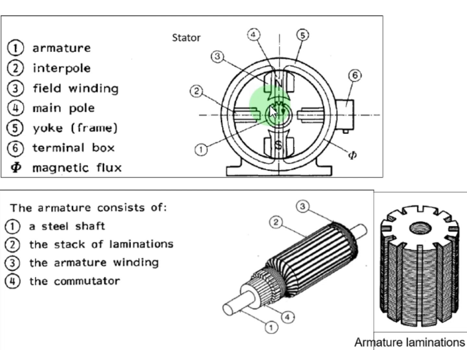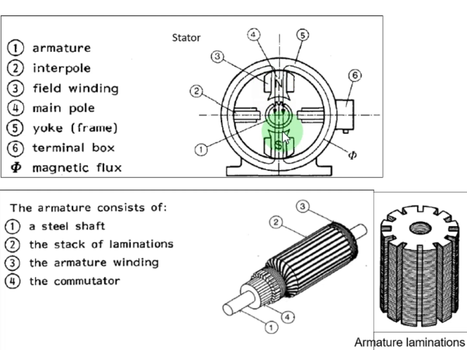Then I will come to the next important part, the third one, called the field winding. I will come back to the interpole later. Here you have two field windings which generate a magnetic field using electrical energy, which will make this pole a north pole and this pole a south pole.